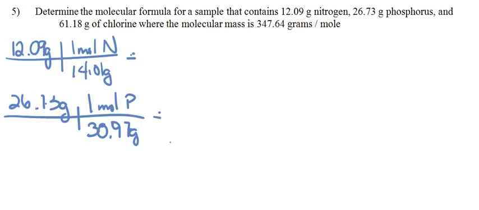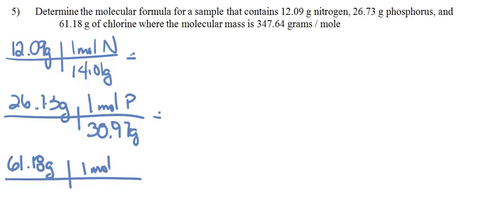And chlorine, 61.18 grams. And that's 35.45 grams. And that's from the periodic table. And that's all the masses. All right, so let's find out how many moles of each we have.